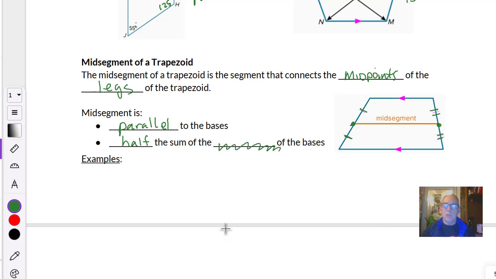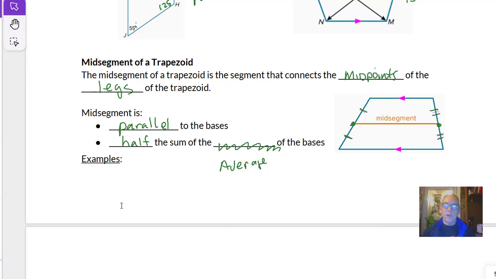Half the sum of the bases. So you add the two bases up, divide by 2, you got the midsegment. It's actually like the average of the bases. Let's move on.